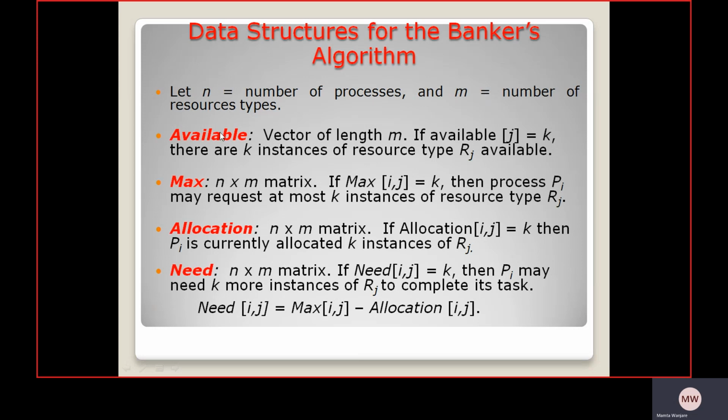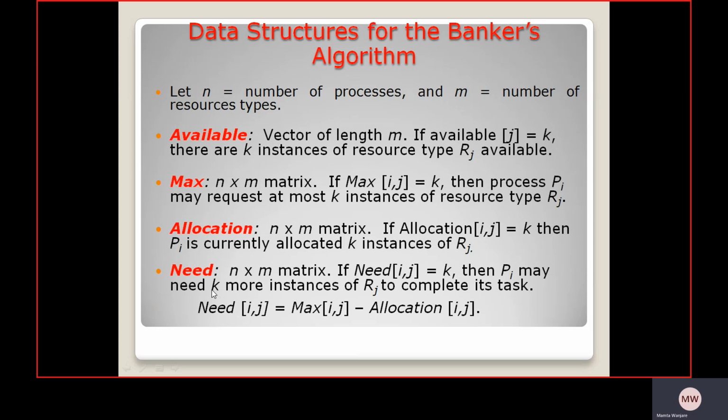Here the available matrix, maximum required matrix, allocation matrix and need matrix are given. Two matrices are given in the exam, and from those we have to calculate the need matrix.